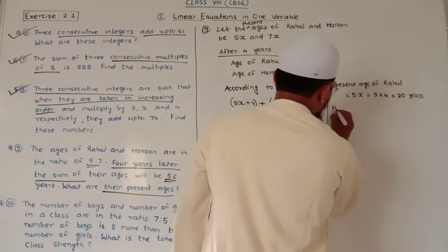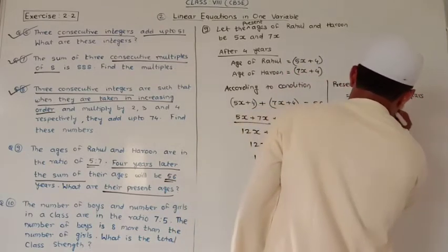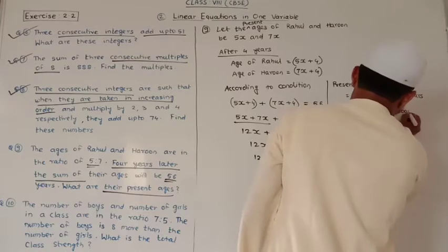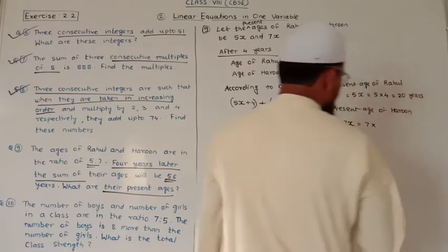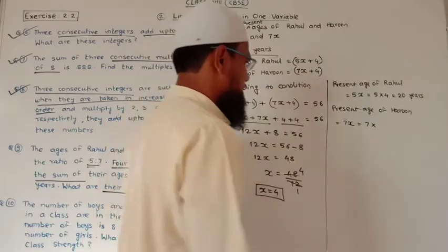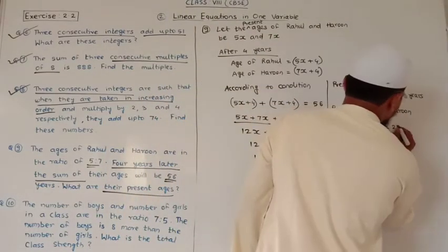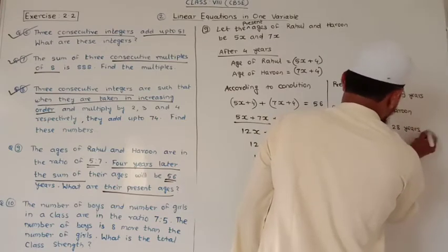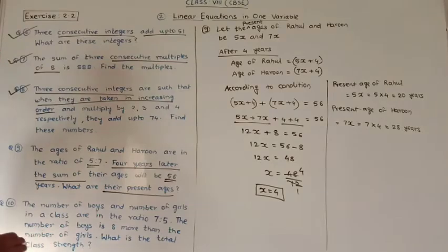After that, present age of Harun is equal to 7x, here 7 as it is, and put the value of x, which is 4. 7 fours are 28 years. So please note in your notebook. In this way we completed question number 9.